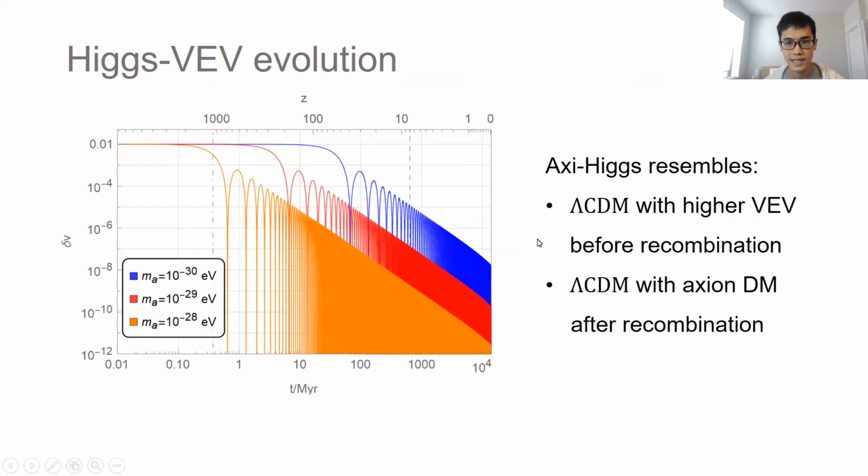The reason I want this setup is that I want the Axi-Higgs model to resemble ΛCDM with a higher vev of the Higgs field before recombination, while after recombination, the Axi-Higgs model just resembles ΛCDM with some axion dark matter.